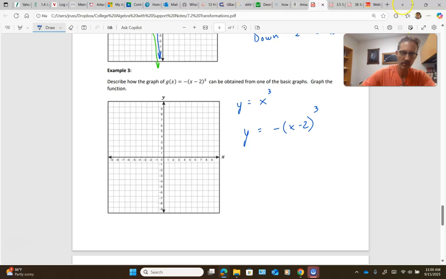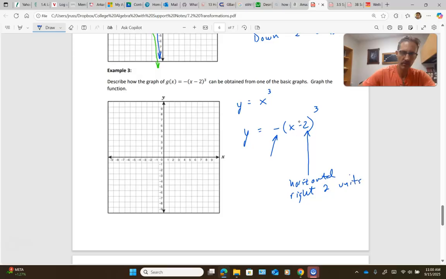Okay, so we've got a couple transformations in this one. We've got the negative, and we've also got the minus 2. Okay, well, we're starting on the inside, so what is that minus 2 going to do? Well, it will cause a horizontal transformation. And because it's a negative 2, it will shift it to the right 2 units.